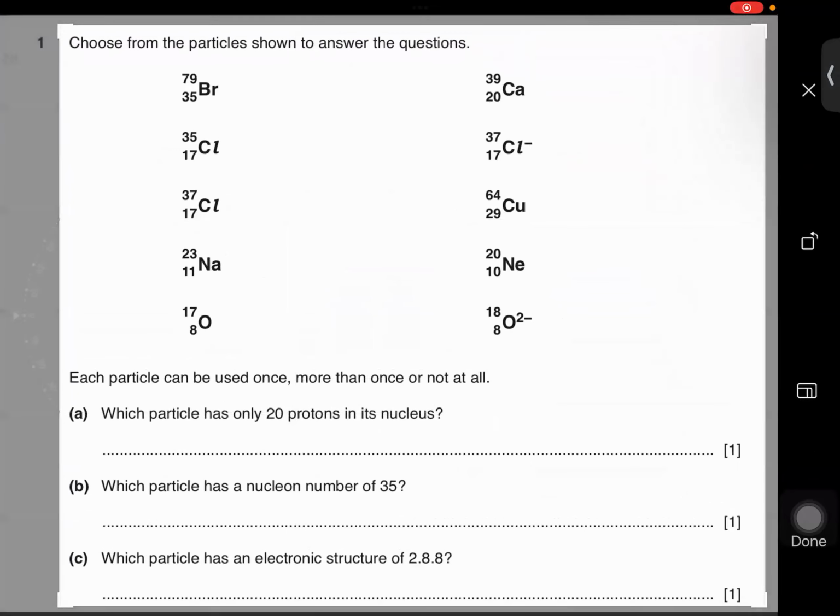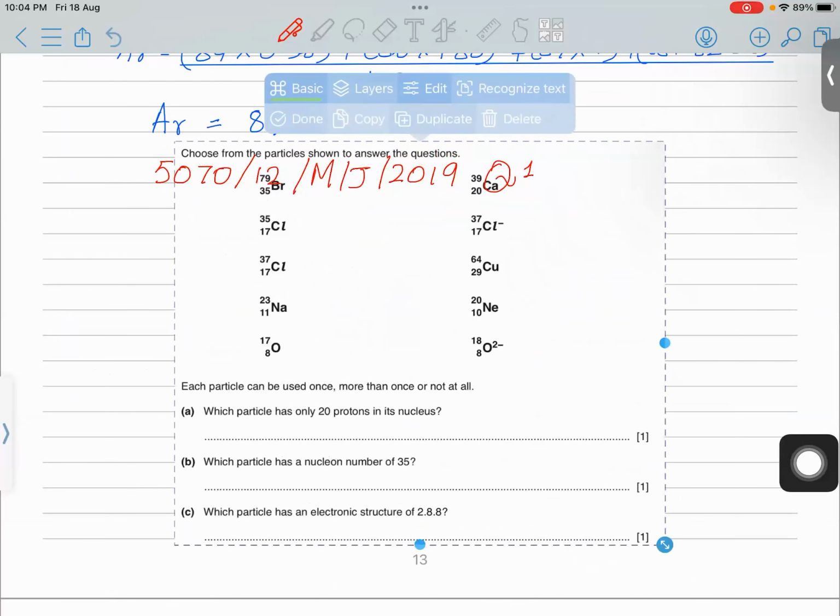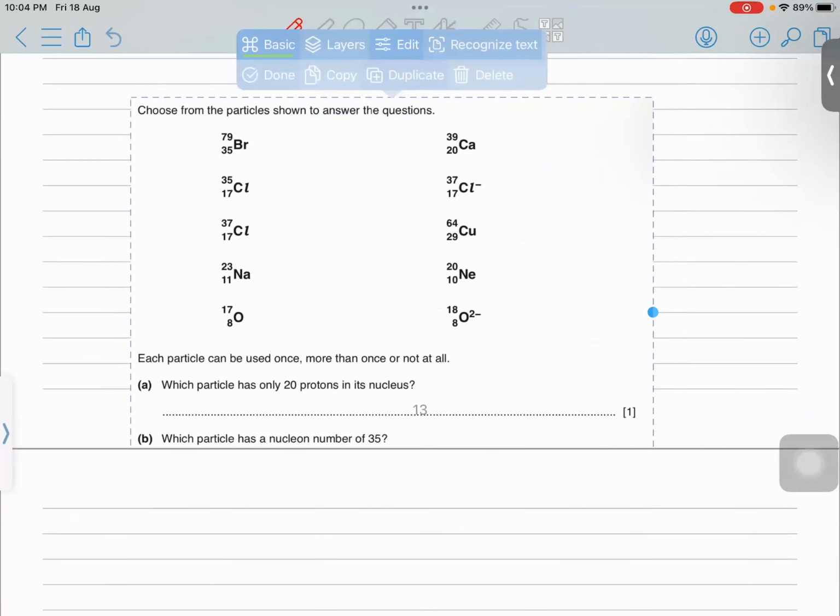This is the question. Now each particle can be used once, more than once, or not at all.